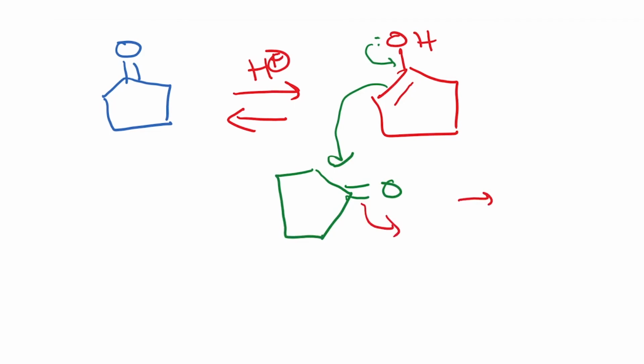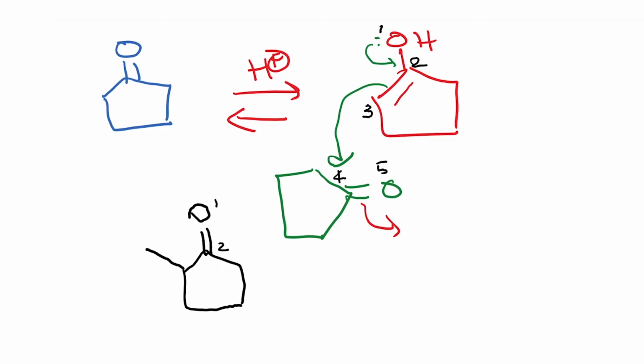So again, let's number this so that it's easy for us to follow it. So this is 1, this is 2, this carbon is 3, this carbon is 4, and this oxygen is 5. I'm just going to draw the cyclopentanone the way it is drawn over here. So with the top cyclopentanone is this, you have 1, 2, and then there's a bond between carbon 3 and carbon 4.